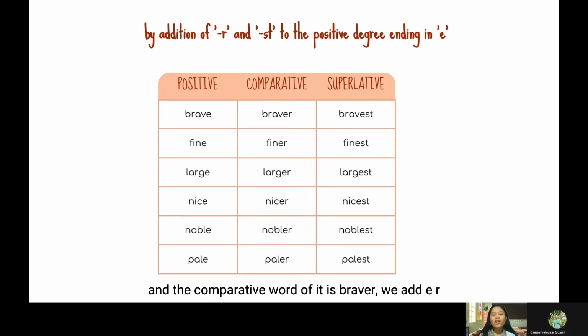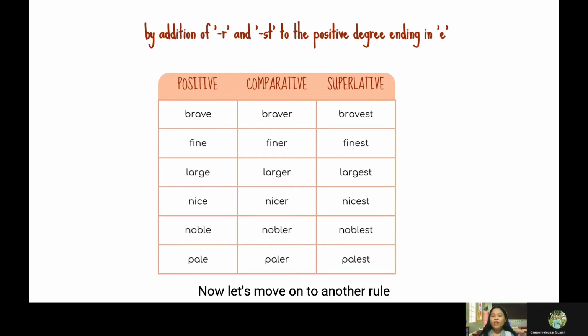We add R, and then the superlative of it is bravest. Next is fine becomes finer, and then finest. Large becomes larger to largest. Nice becomes nicer to nicest. Noble becomes nobler to noblest. Pale becomes paler to palest.